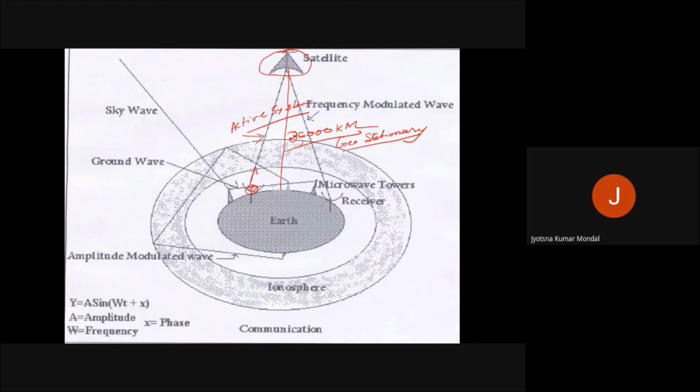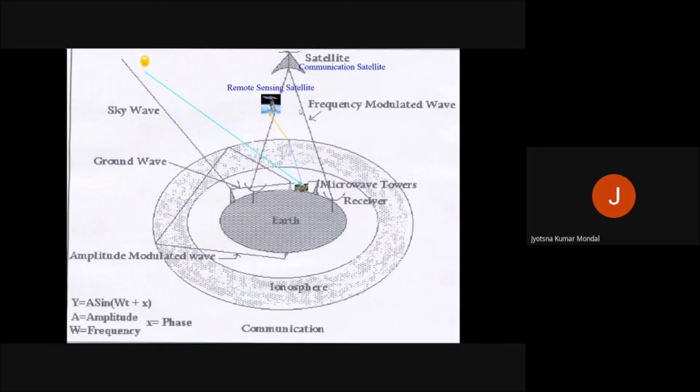But let's see the next slide. The remote sensing satellite: the orbit distance is very less compared to the communication satellite.